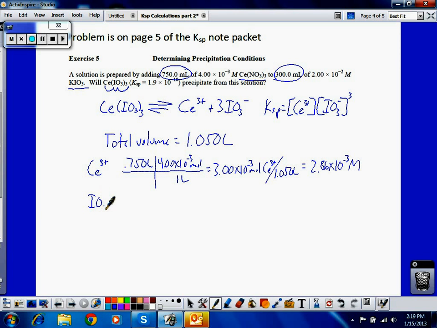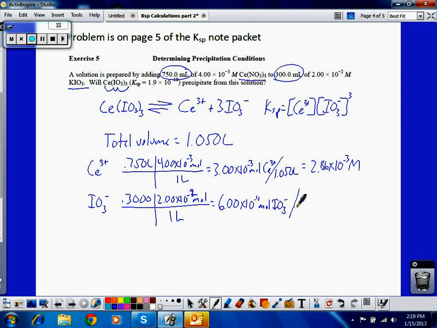For my iodate, I started with 300 milliliters of a 2 times 10 to the negative second mole per liter solution, and that's 6 times 10 to the negative third moles of iodate, and that is now in 1.050 liters.